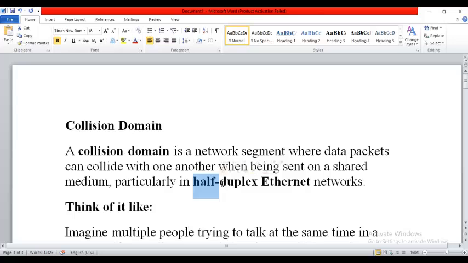Either one bus can go from this end of the bridge to the other side of the bridge, or a bus can come from that side to this side of the bridge. Both cannot happen at the same time. You see, this is one example where collision may occur if both try to come at the same time. Collision.